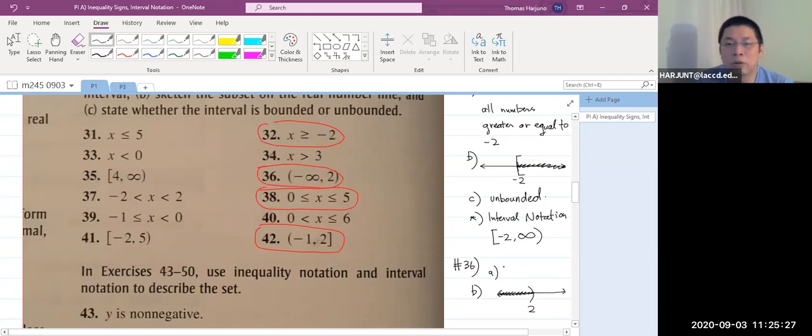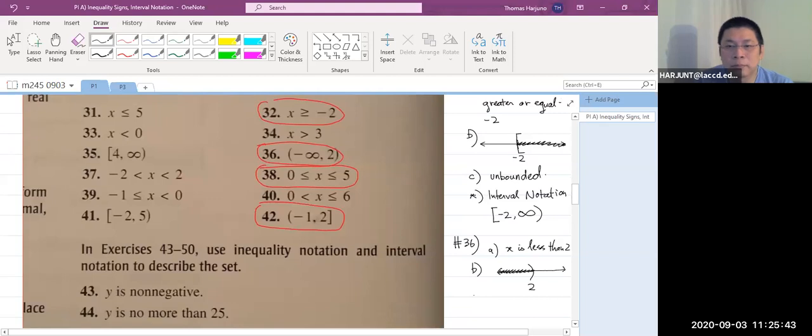So x is less than 2. Okay, is it bounded or unbounded? It's unbounded because it includes infinity. And the inequality will be x is less than 2 without the equal sign.